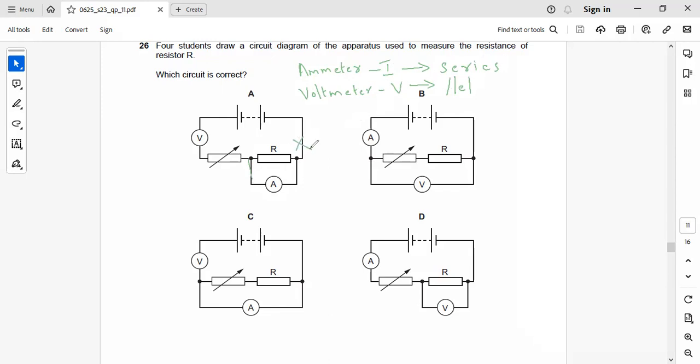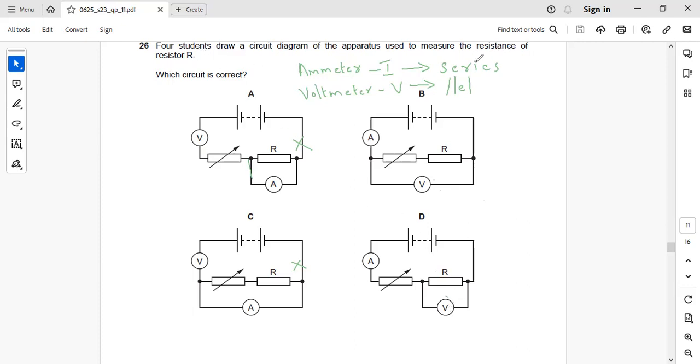So this diagram is wrong. Here also ammeter is connected in parallel, so this circuit also is wrong. Here the voltmeter is connected in parallel. Here also voltmeter is connected in parallel. So these two circuits are okay. But what is the question?